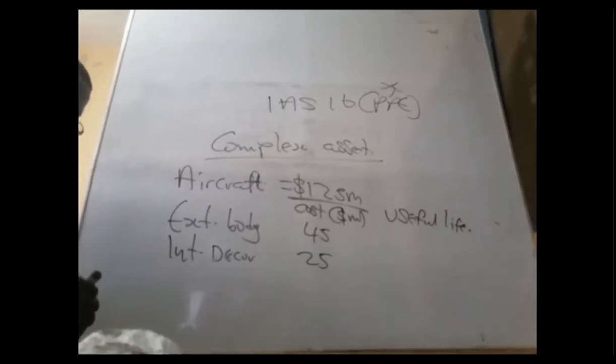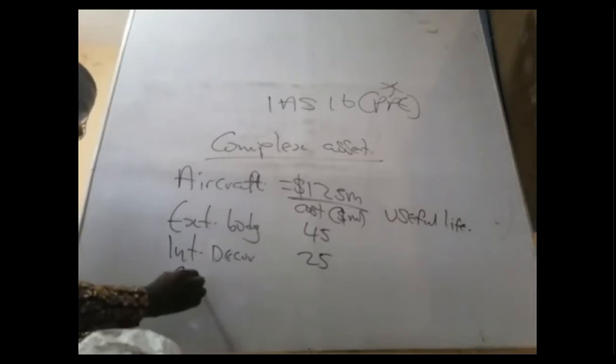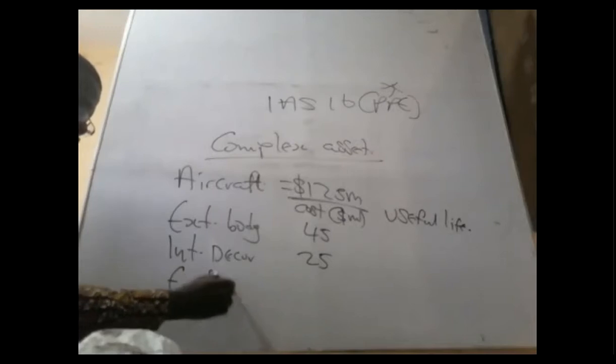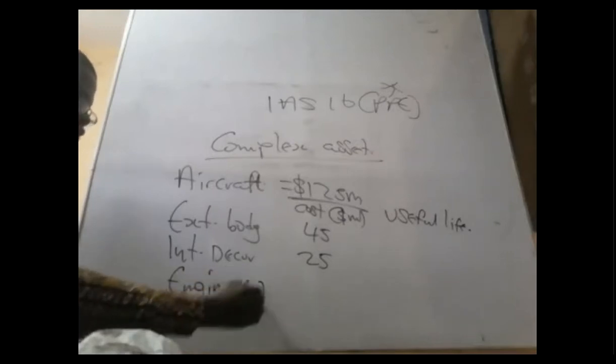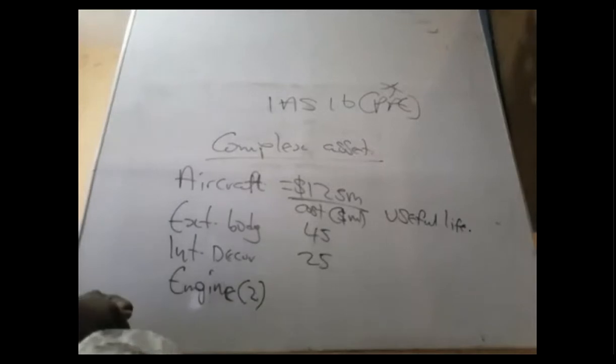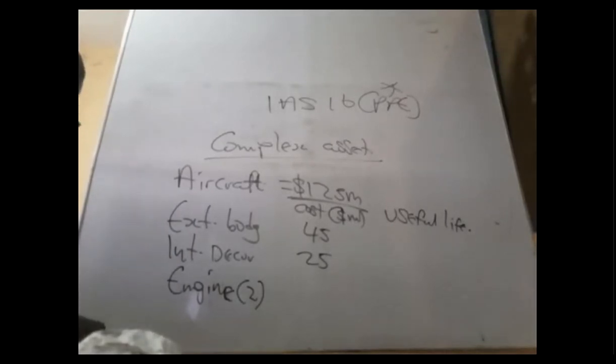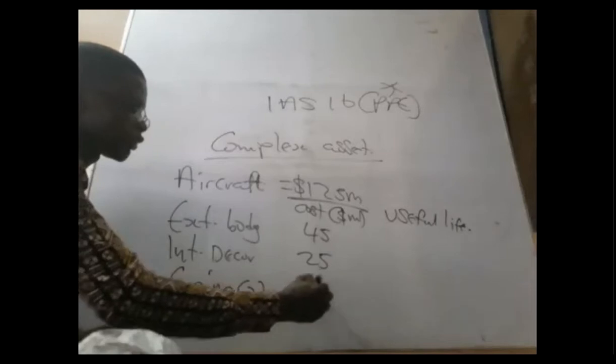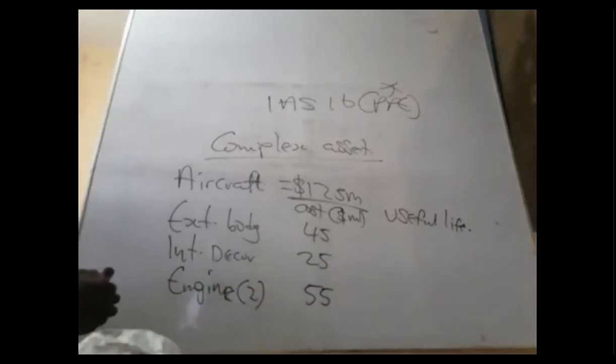Making $70 million. Then engines. Let's assume that the engines are two. The remaining amount is for engines, so 125 minus 70 is $55 million. The total cost is $55 million.